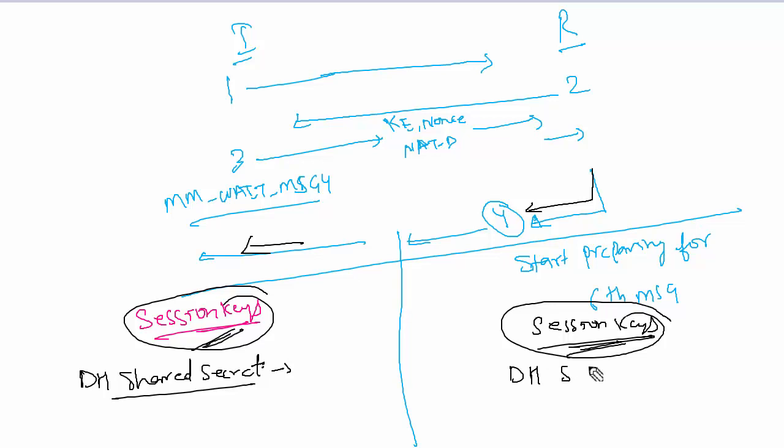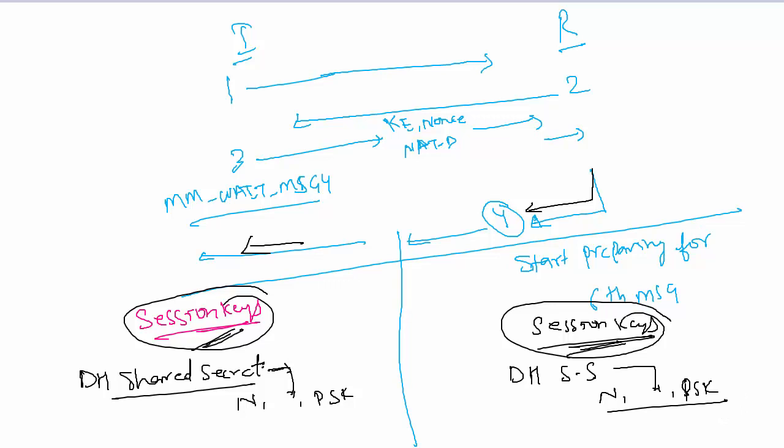So the initiator calculates the Diffie-Hellman shared secret on the initiator end, and the responder calculates it on the responder side. Once the Diffie-Hellman shared secret is calculated, they will create session keys. The formula will be something like nonce, Diffie-Hellman shared secret, and the pre-shared key. The responder uses the same thing here: nonce, Diffie-Hellman shared secret and pre-shared key.